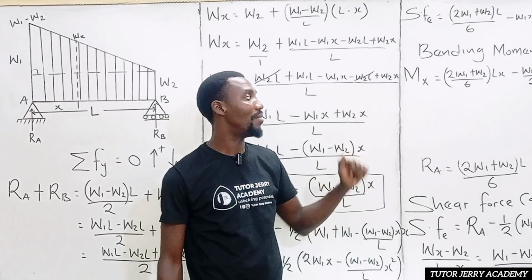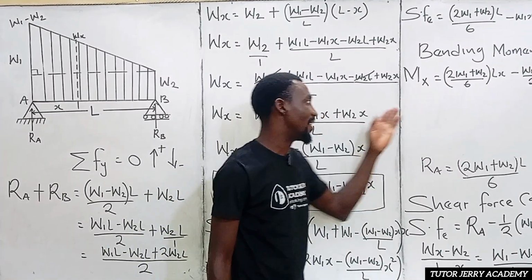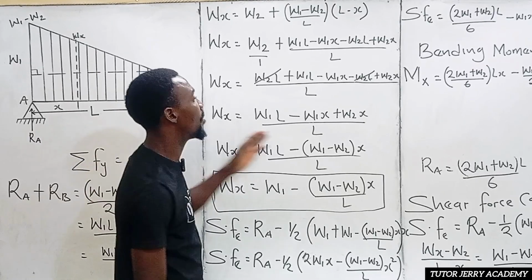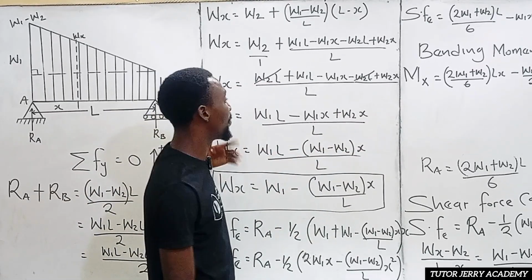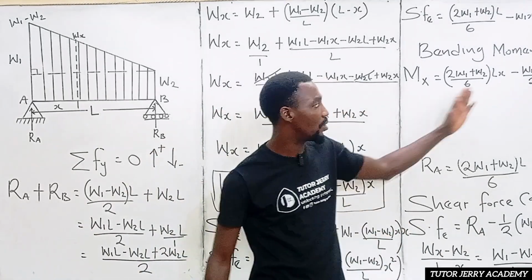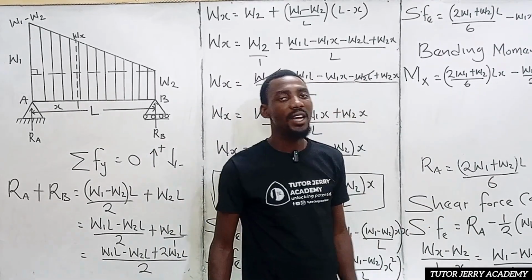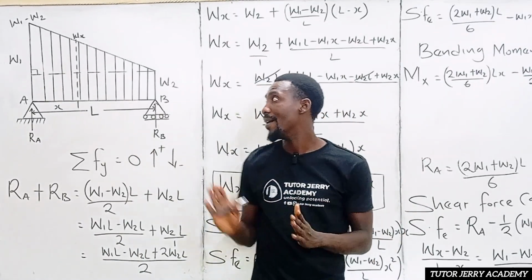Then we get the bending moment at point A, where S is equal to 0, and at point B, where S is equal to L. We substitute those there, then we have everything we want and we sketch our graph. So this is how to go about this.